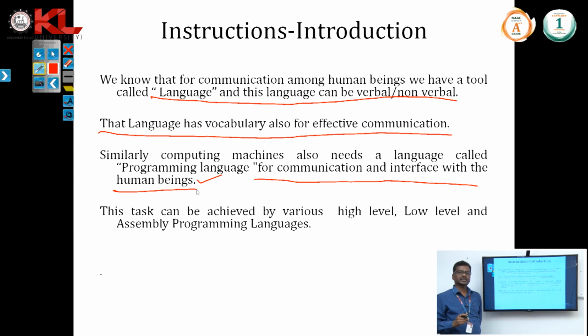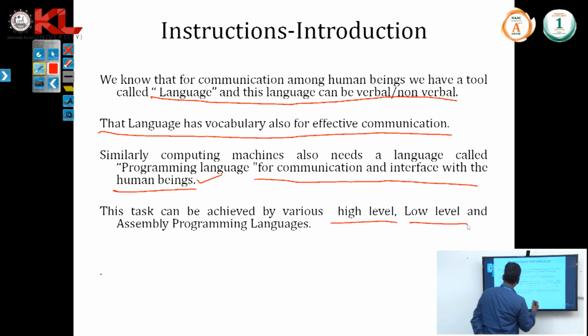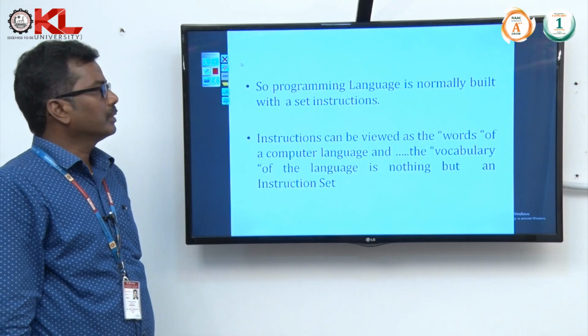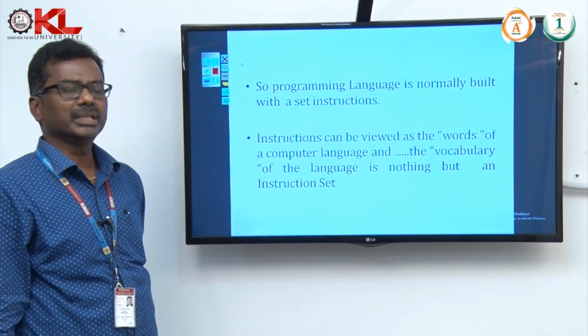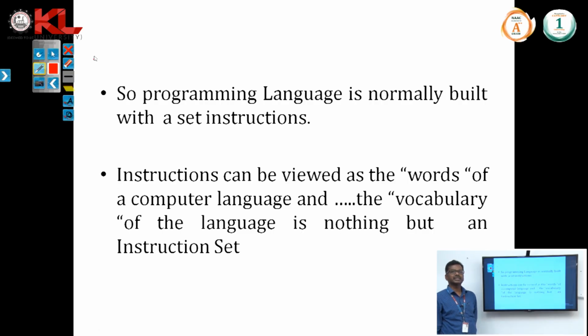This can be achieved by various programming languages in the form of high level, low level, and assembly programming languages. A programming language is normally built with a set of instructions.